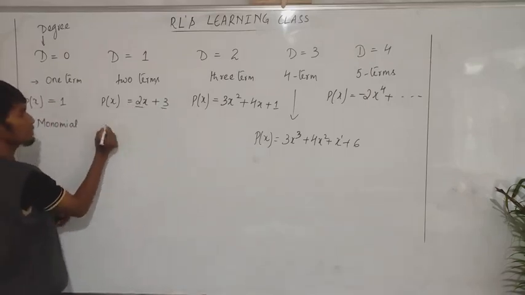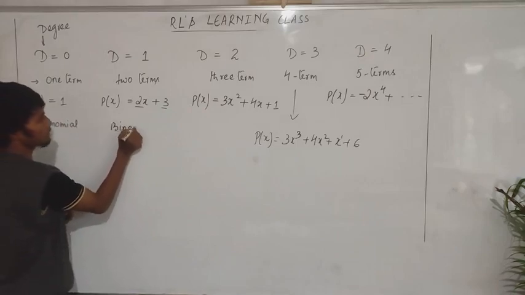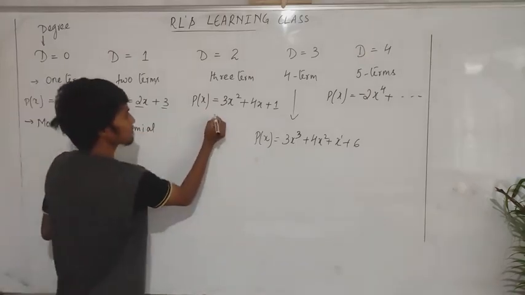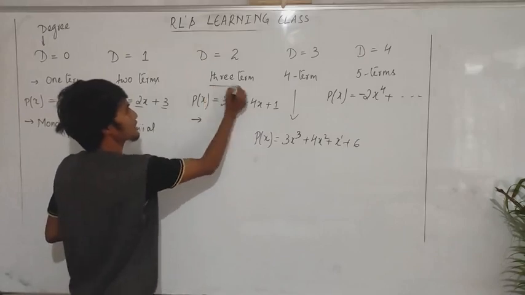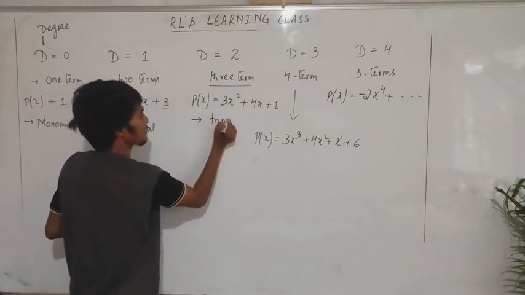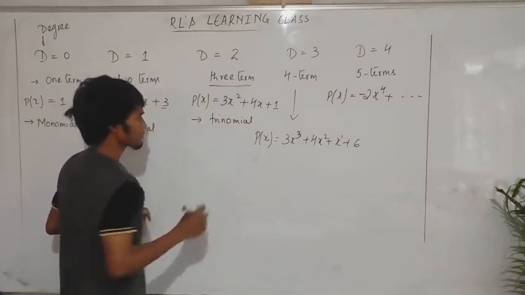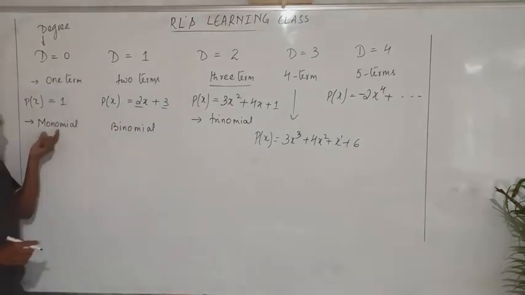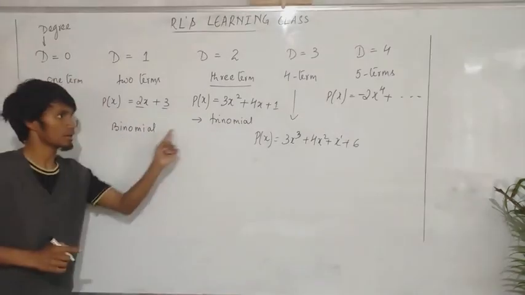Then here how many terms? 2, then that will be a binomial. Then this will be having 3 terms, this will be a trinomial. And don't confuse what is a monomial, what is a binomial, and what is a trinomial.